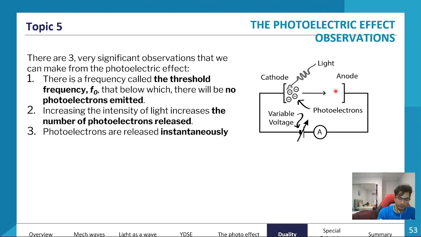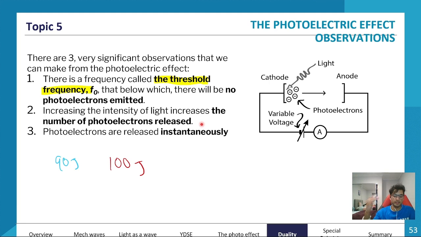That's not the case because of something called the threshold frequency. And threshold frequency is what I like to call the get out of bed energy. Let's say that the threshold is 100 joules. If your light has less than 100 joules, let's say 90 joules of energy, it doesn't matter how much light of 90 joules you put, since it's lower than the threshold, there's going to be no electrons being emitted.